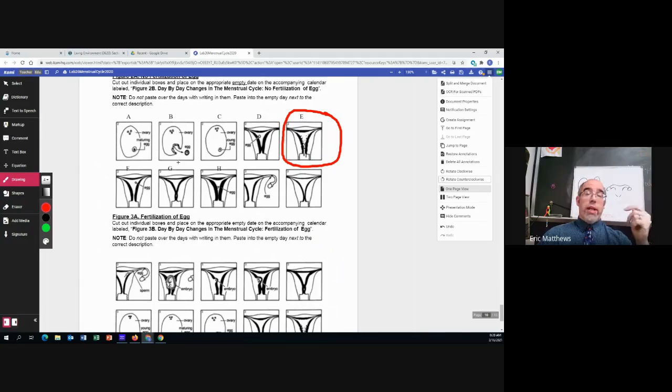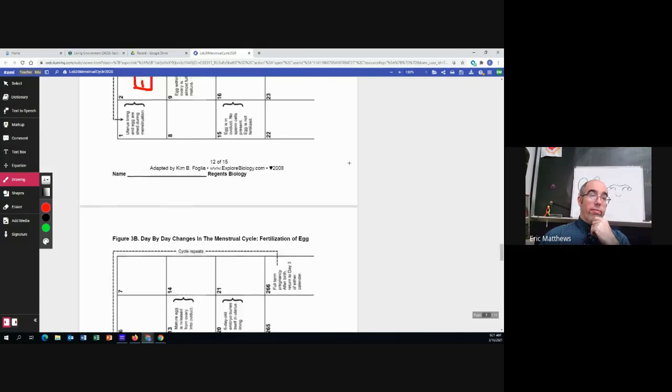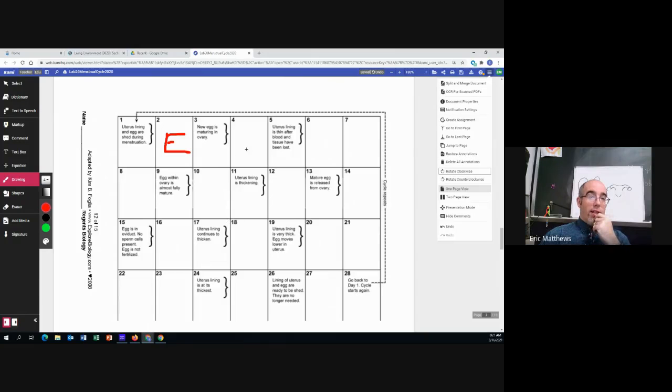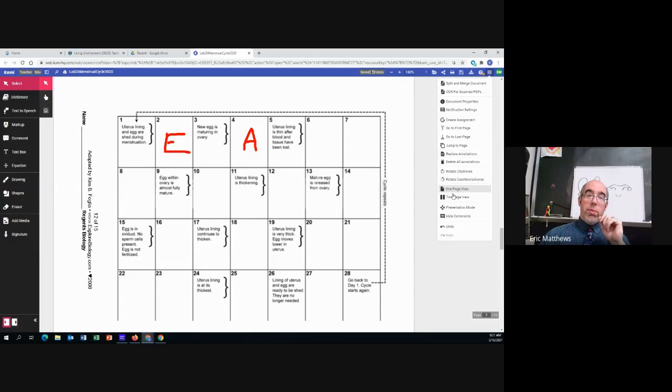All right, so it said a new egg maturing in the ovary. So I'm going to look at A because it says ovary and maturing egg, right? The keywords. All right, so if this one should be the next, we'll come back up, turn it clockwise, and say A. And then we continue this process.